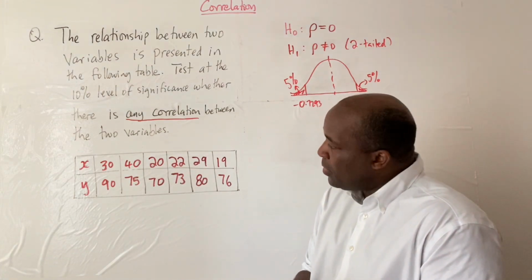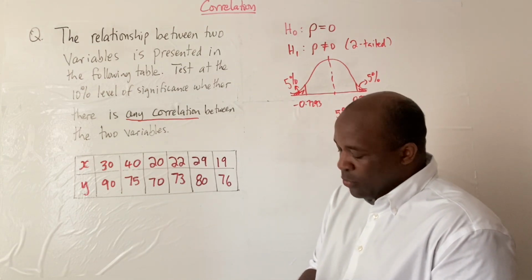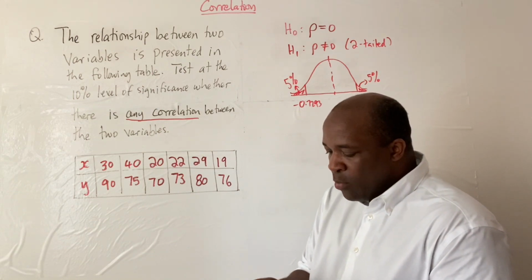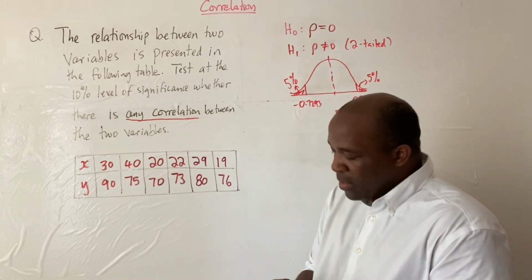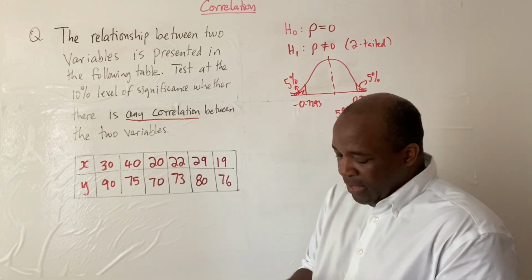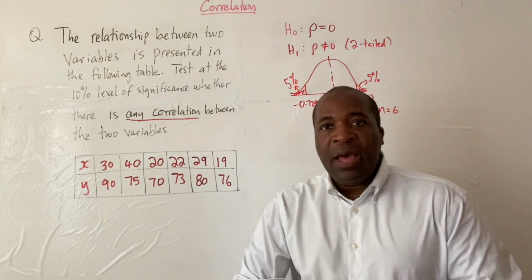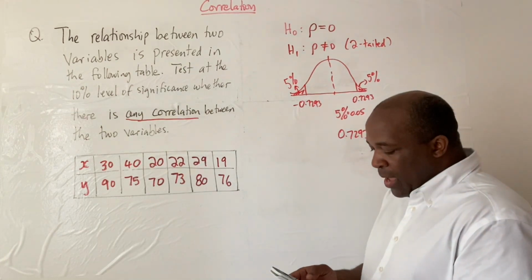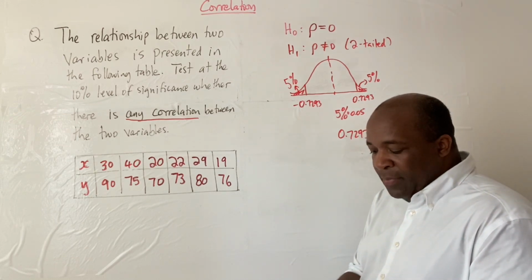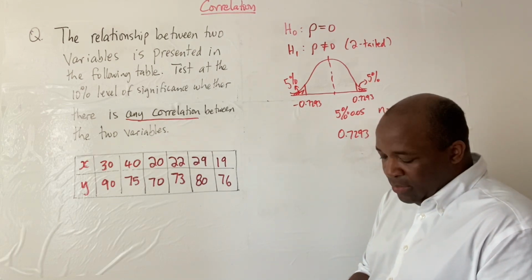So x: 30, 40, 20, 22, 29, 19, and the corresponding y values are 90, 75, 70, 73, 80, 76. I'm going to save that by pressing AC to save data, and then press OPTN, and then select number 3, regression calculation.